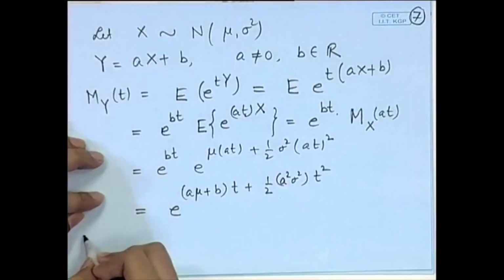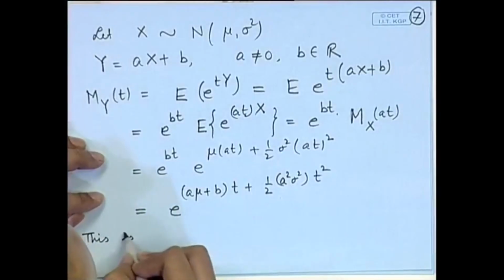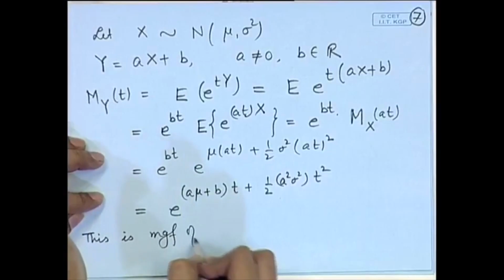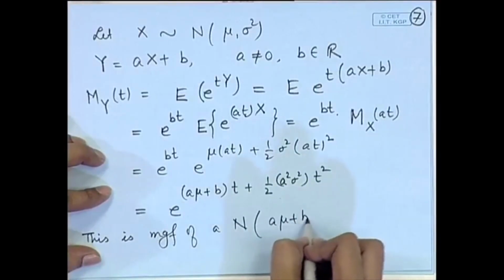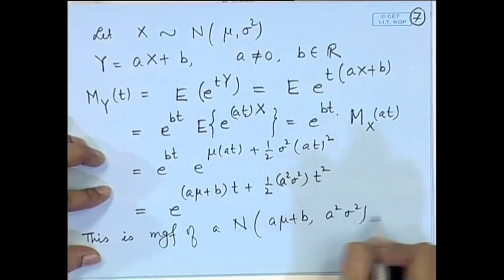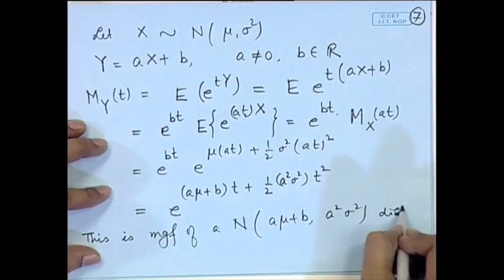So, we can say that this is the MGF of a normal A mu plus B, A square sigma square distribution.